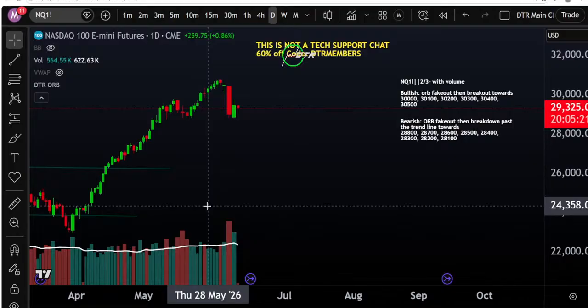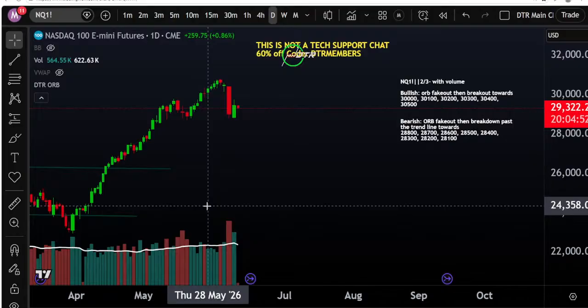So the pullback allows me to find scenarios where I can get asymmetric upside, where maybe I'll lose 8 points, but then on the next trade I'll make 60 or 30 or 50 or whatever the number is, instead of, okay, I just lost 25 points and now I have to make back 30 or whatever the number is just to break even. That's not sustainable long term.